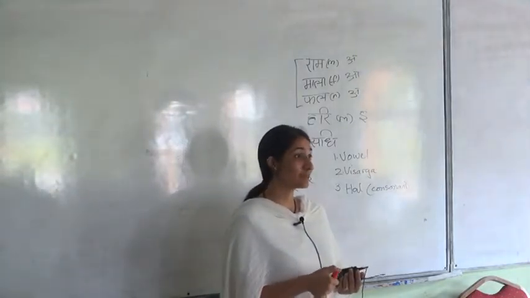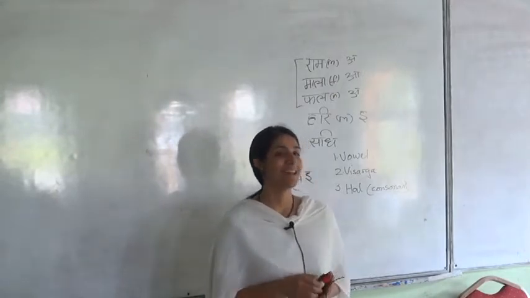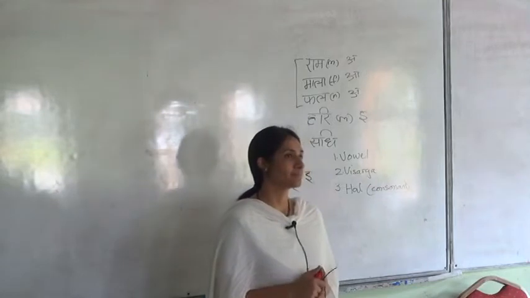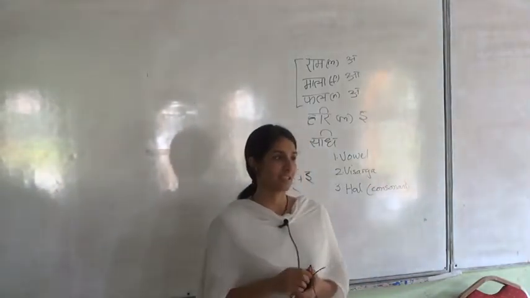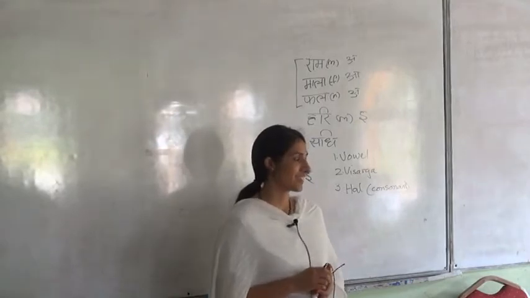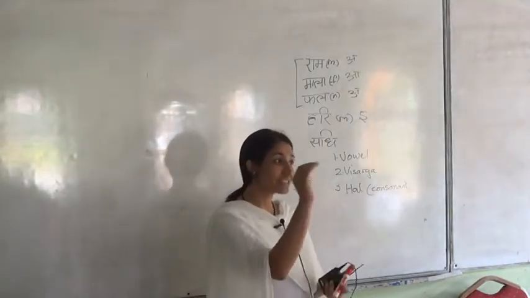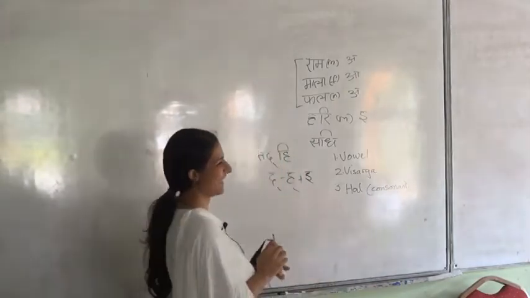So it'd be 6th case plural. That one is phalanam, right? What if I want to say, I ate 2 fruits today? Phale. And would it be 1st case or 2nd case? 2nd case. That one everyone knows.